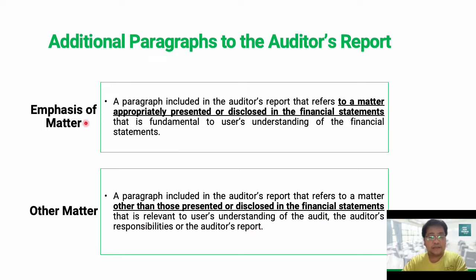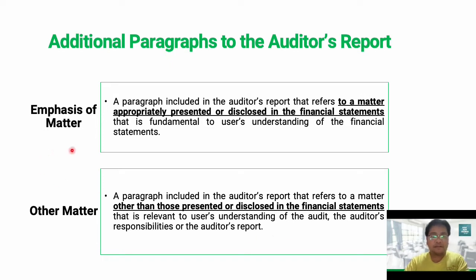The main difference is that in emphasis of matter paragraph, we include an emphasis of matter for items already disclosed in the financial statements. This information is that which affects the company's financial statements. Whereas the other matter paragraph contains information that is not disclosed or not included in the financial statements, but affects the conduct of our audit or our responsibility or the auditor's report.